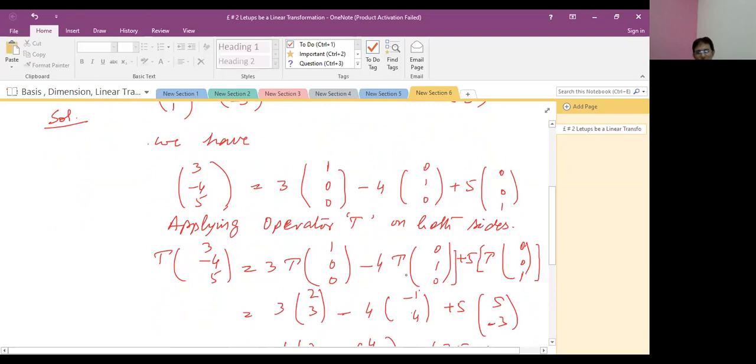Applying this property in the given question, the linear transformation of this equals this.